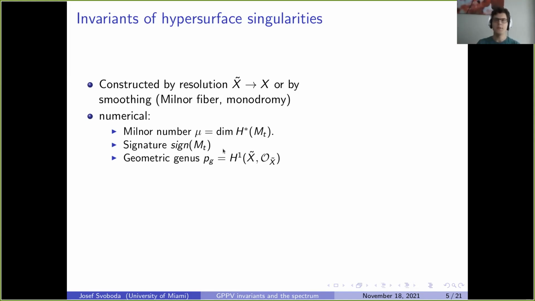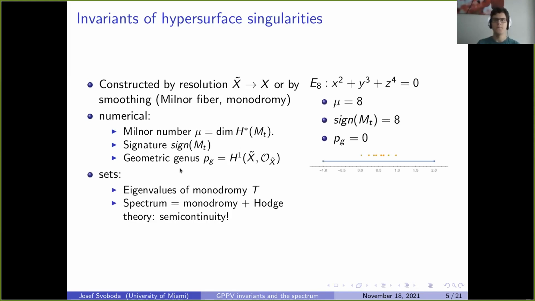And what is interesting is that these three invariants are actually related. Even though this one is defined by quite a different procedure, usually if you know two of them, you know also the third one. And the explanation is that there are more refined invariants of singularities.